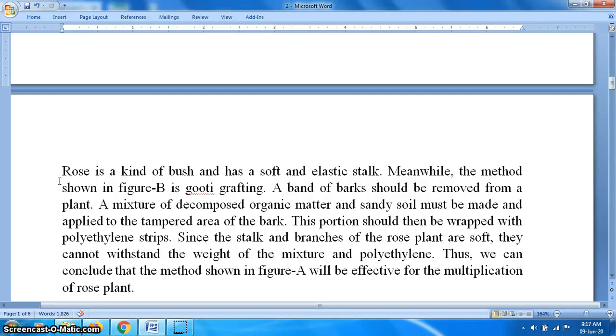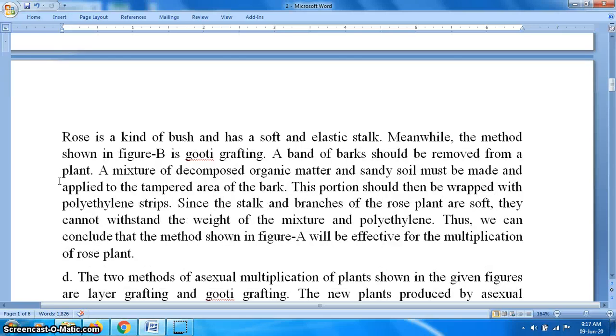Meanwhile, the method shown in B is gooty grafting. A band of bark should be removed from a plant. A mixture of decomposed organic matter and sandy soil must be made and applied to the tempered area of the bark.